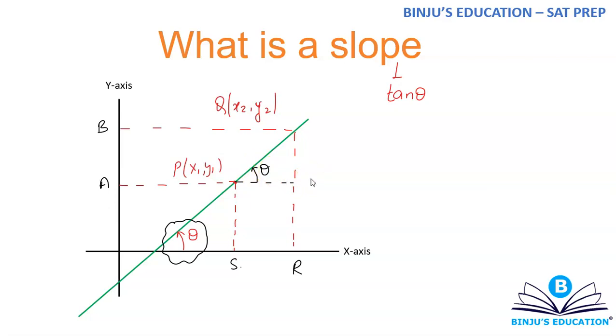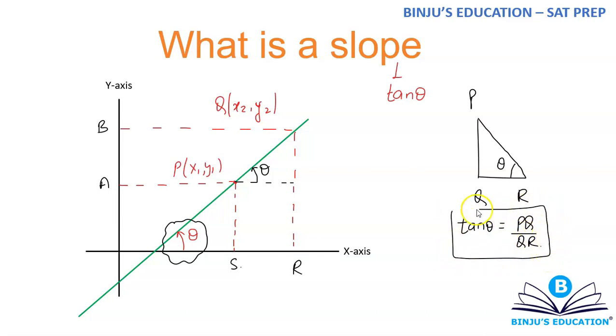Now when you talk about a right angle triangle, let's say I have a right angle triangle something like this. Let's name this P, this Q, this R, and let's say this angle is theta. Then tan of theta is nothing but PQ divided by QR.